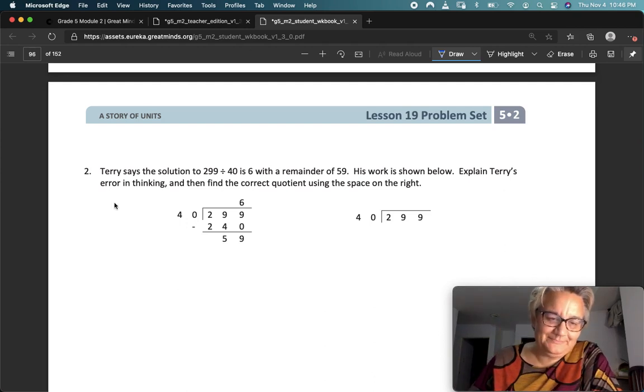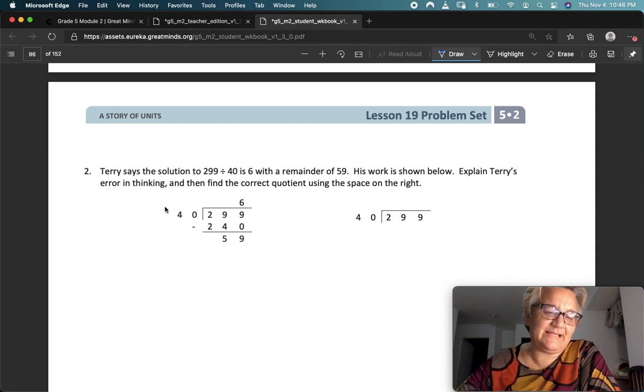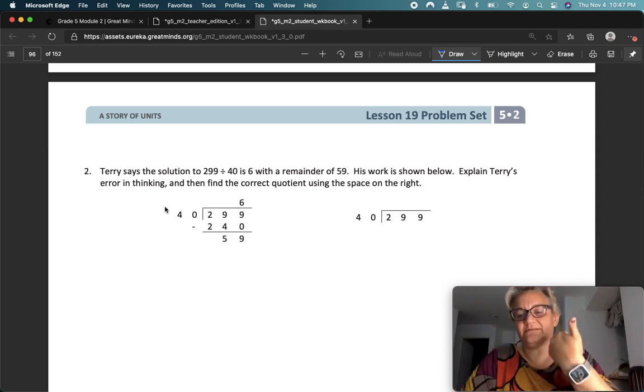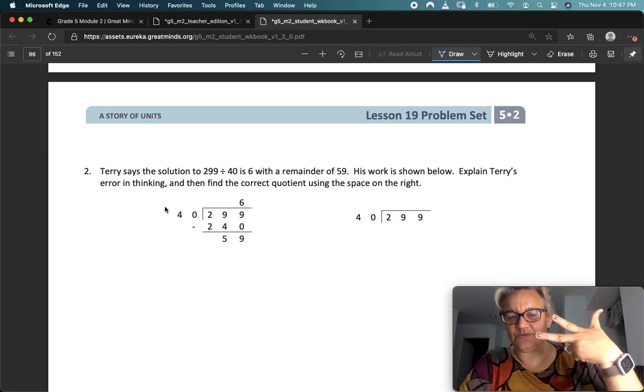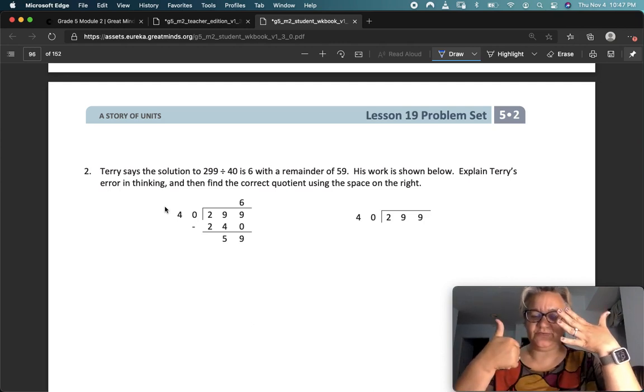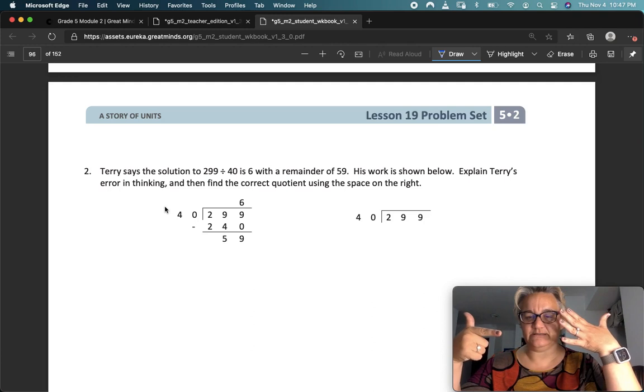Okay, well, 40 or 4 tens going into these first 2 digits, 29. So let's count by 4s. 4, 8, 12, 16, 20, 24, 28, 32.